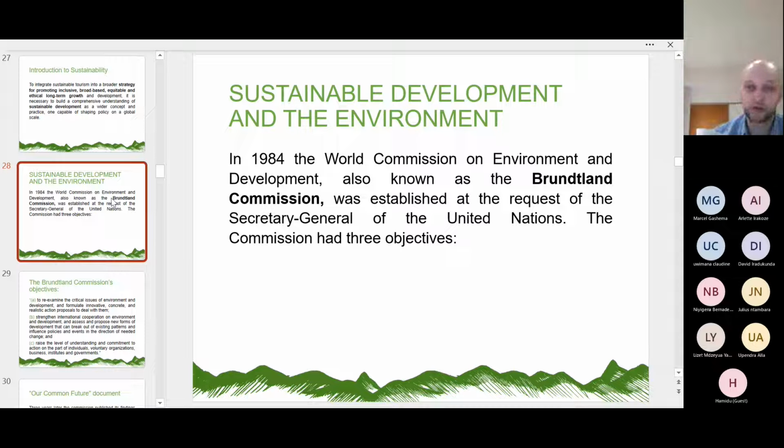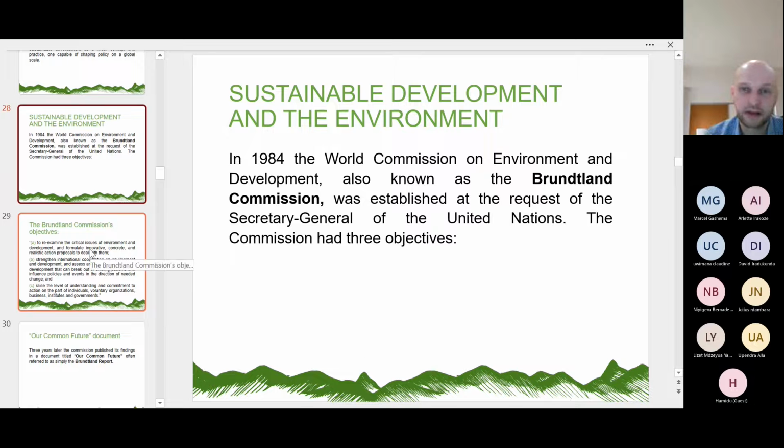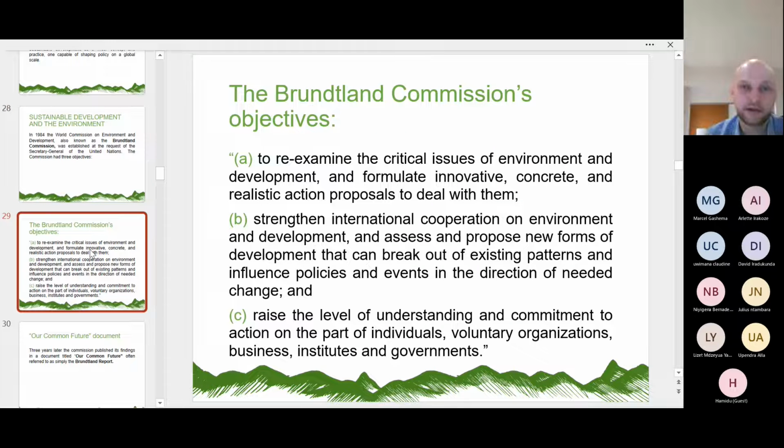There were 3 objectives that the Commission should develop. The first, to re-examine the critical issues of environment and development and formulate innovative, concrete, and realistic action proposals to deal with them. Second, to strengthen international cooperation on the environment and development.